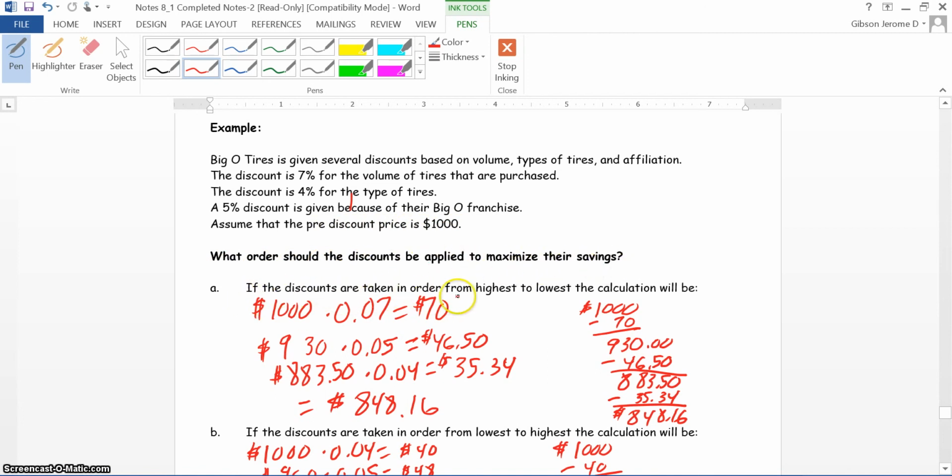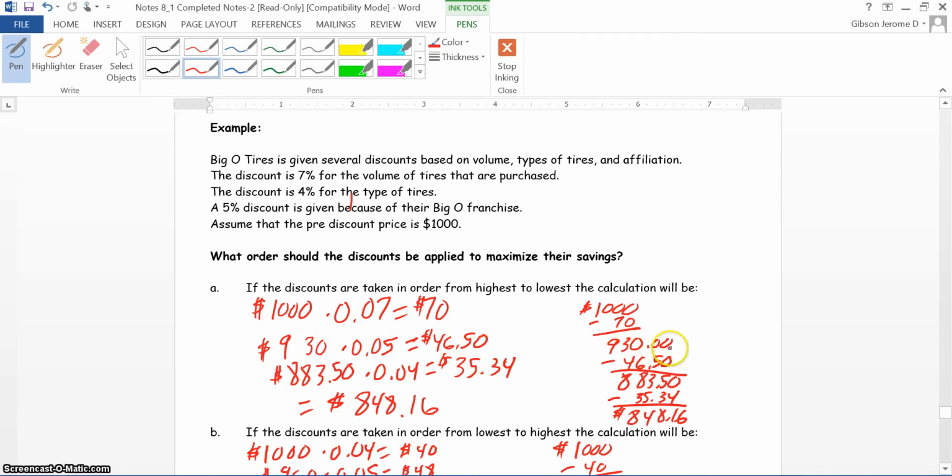If the discounts are taken in order from highest to lowest, we would take our $1,000 and multiply it by 7%, which would give us $70. Now we subtract 70 from the 1,000, and that leaves us $930. Now we take that $930 and multiply it by 5%, which gives us $46.50.